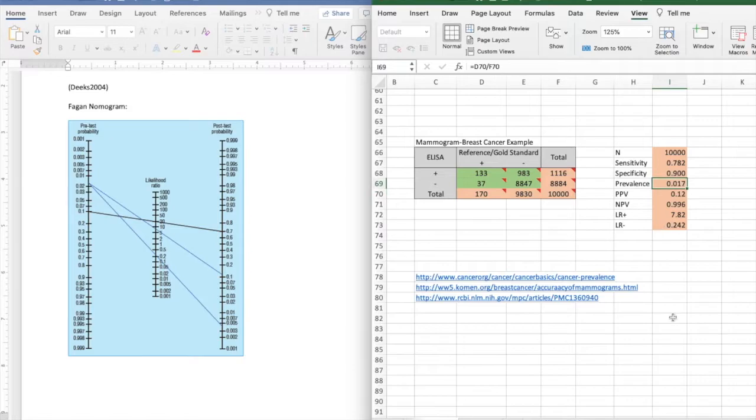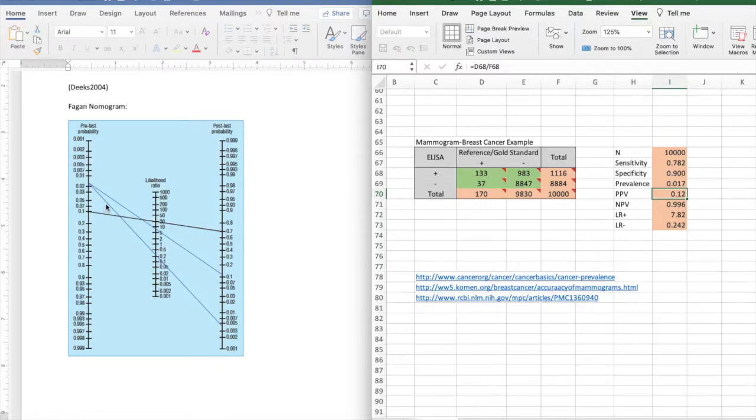Our prior was 0.017. That was our prevalence, our pretest probability, or our prior probability, same thing. We tested positive. Now the probability of having the condition goes up to 12%. So we start there. What would happen then if this person got a second mammogram and tested positive for the second time?